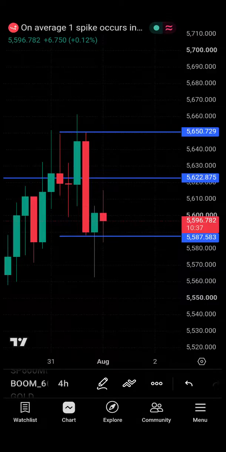No, analyze, move to the smaller time frame to see if you can get maybe other confirmations that agrees with your direction.